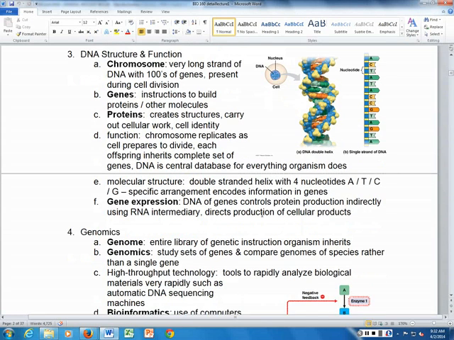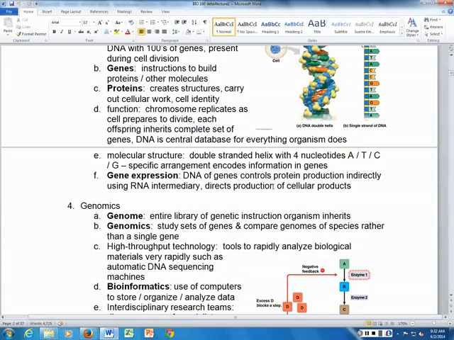So your DNA molecule is a double-stranded helix, and it's made up of 4 nucleotides in there, A, T, G, and C. So it's kind of shaped like a ladder that is twisted.